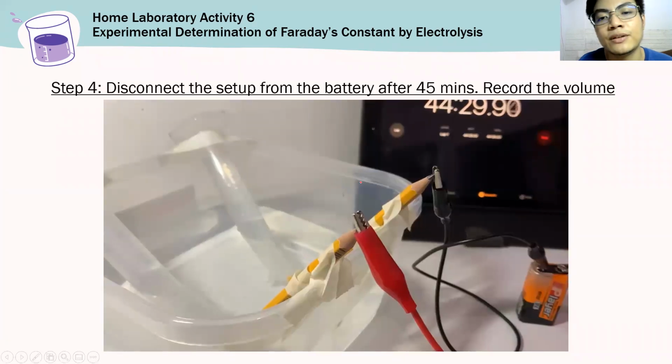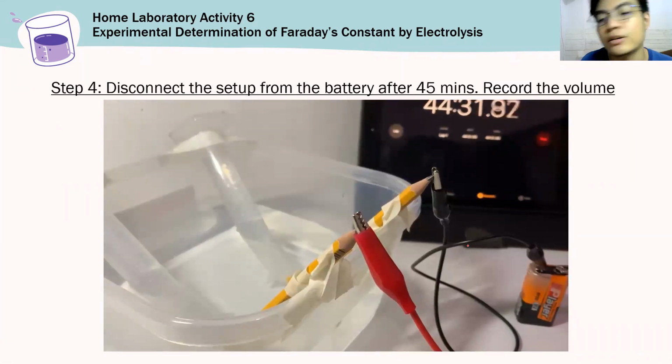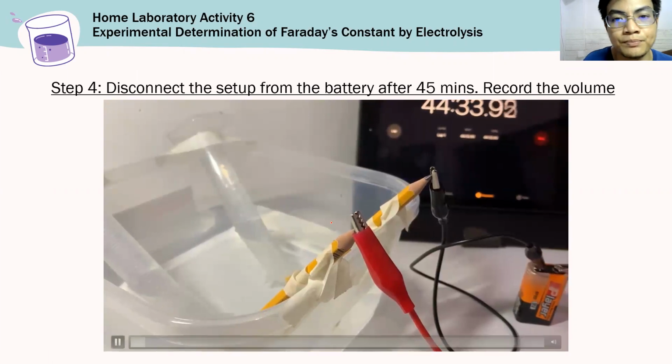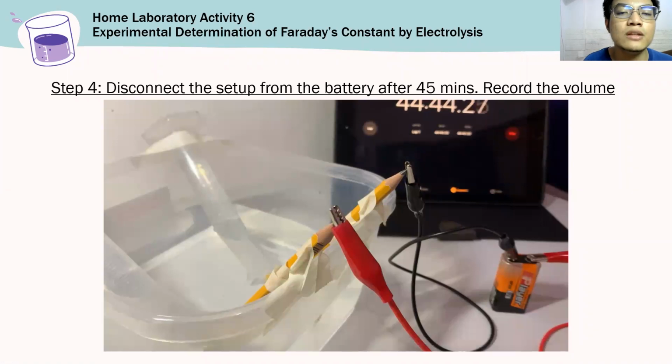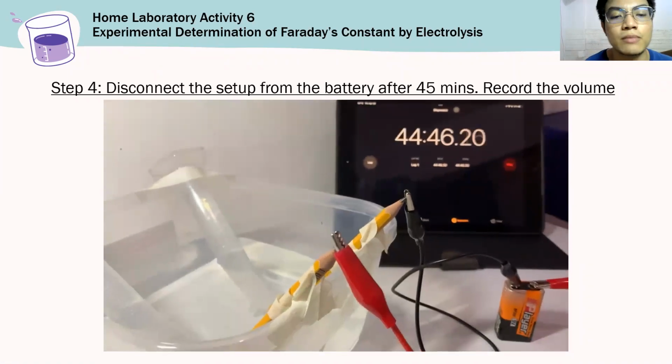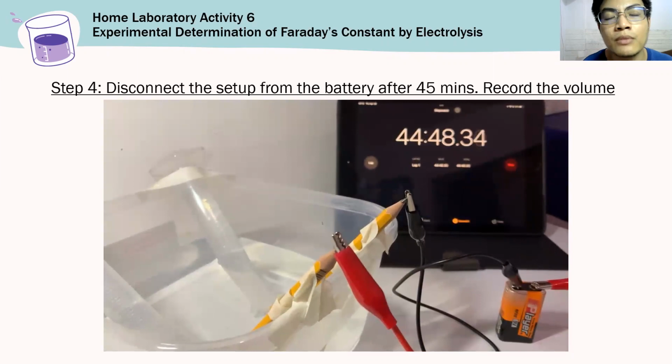Then after 45 minutes, stop the timer and disconnect your battery. And you have to record the volume of the gas produced in the hydrogen compartment only. How will you know which is the hydrogen compartment? Well, it contains most of the gases.